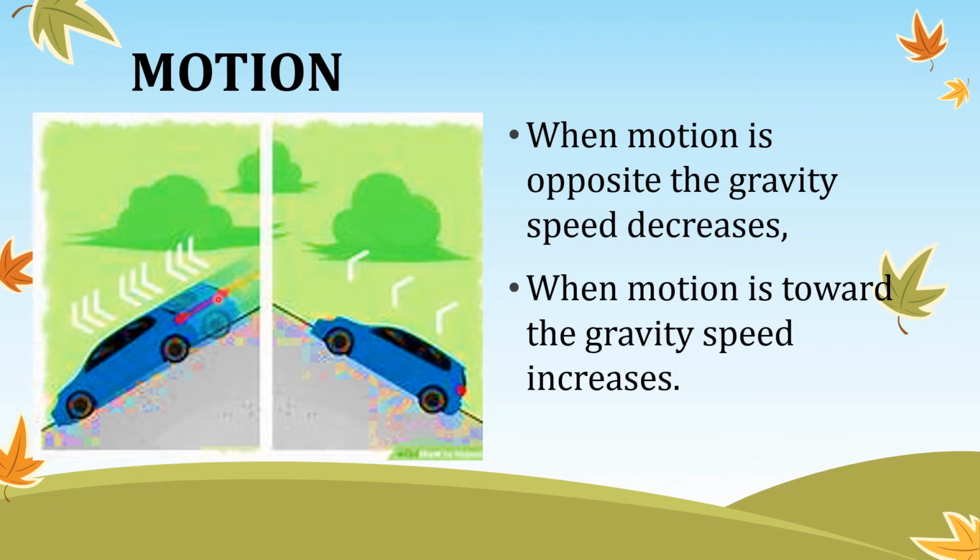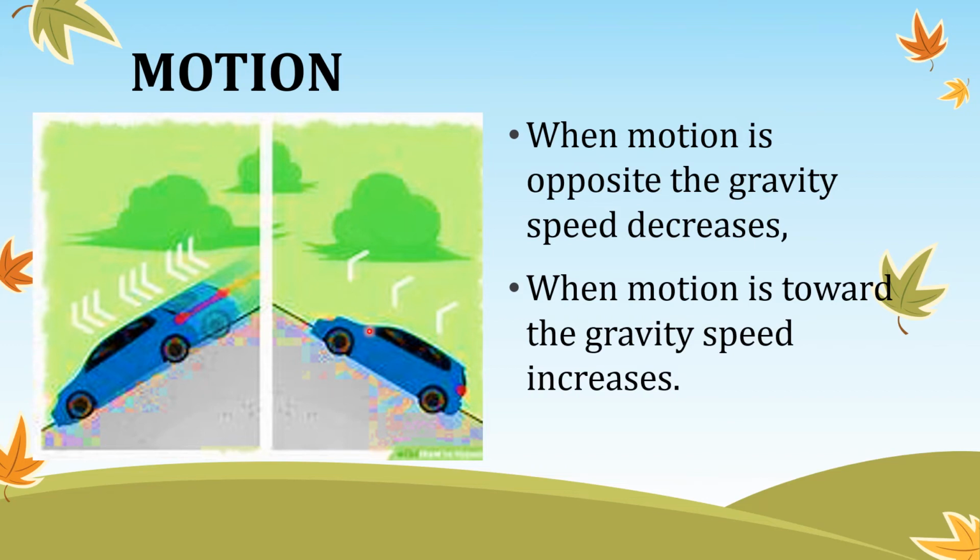This car is going downward. Where is gravity? Gravity is at the bottom because it pulls everything down. Therefore, the car is toward gravity. Therefore, the speed of the car is faster.